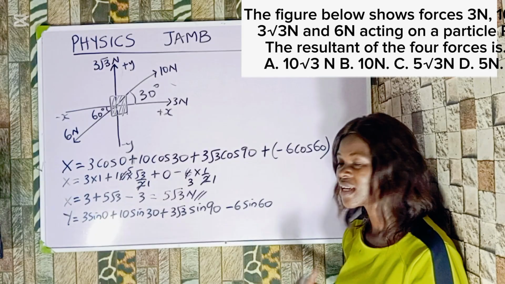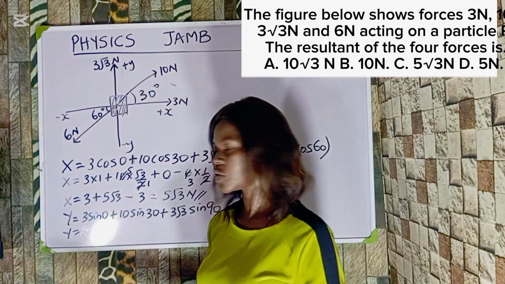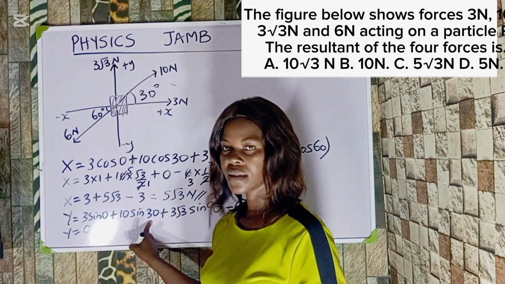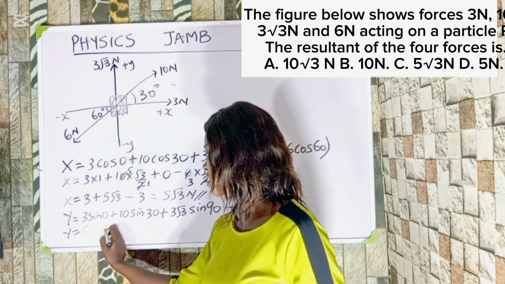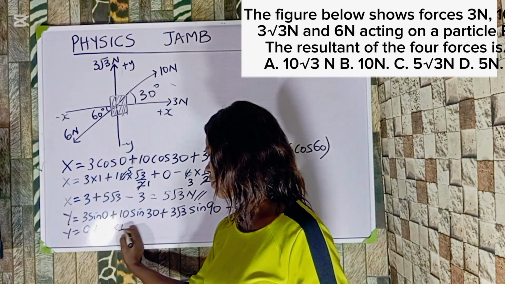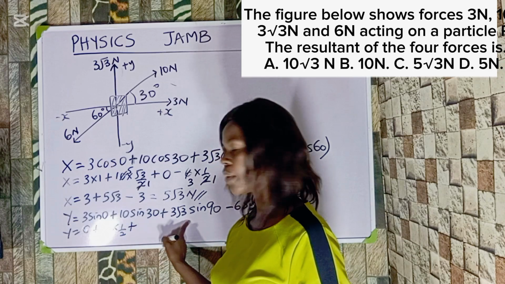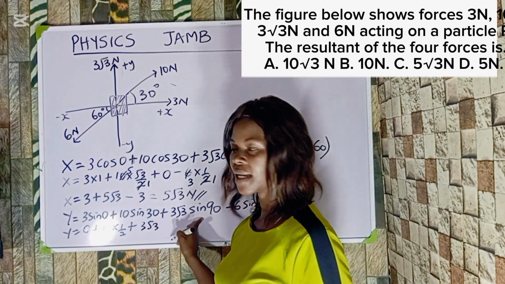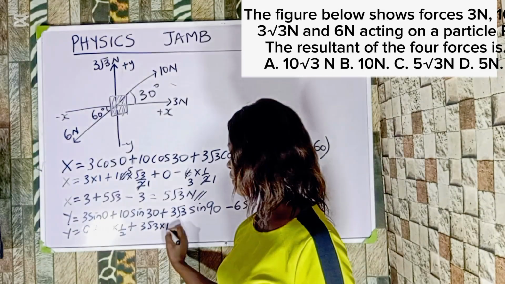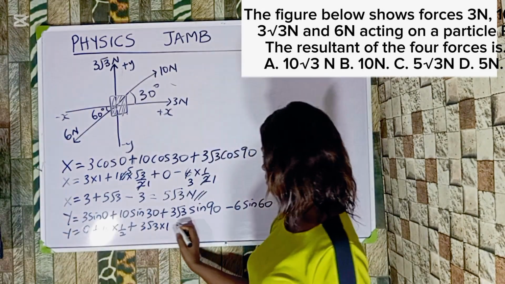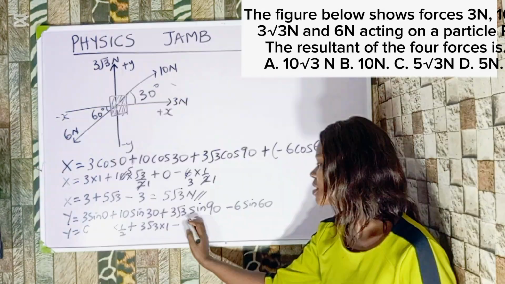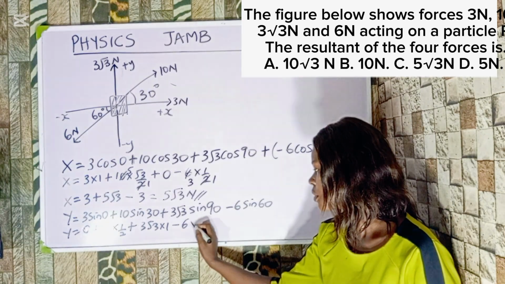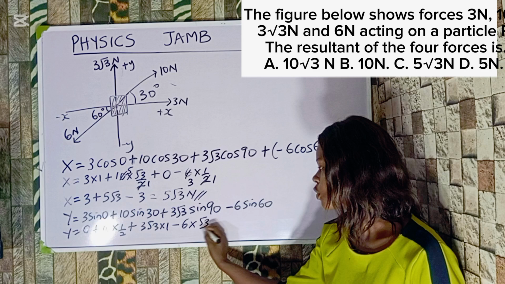So let's resolve it. Sine 0 is equal to 0, so everything automatically changes to 0 here. Now plus sine 30 is 1 over 2, so this is 10 multiplied by 1 over 2. Now plus, this is 3 root 3. Sine 90 is equal to 1, multiplied by 1. Minus is 6. Sine 60 is what? Root 3 over 2 multiplied by root 3 over 2.